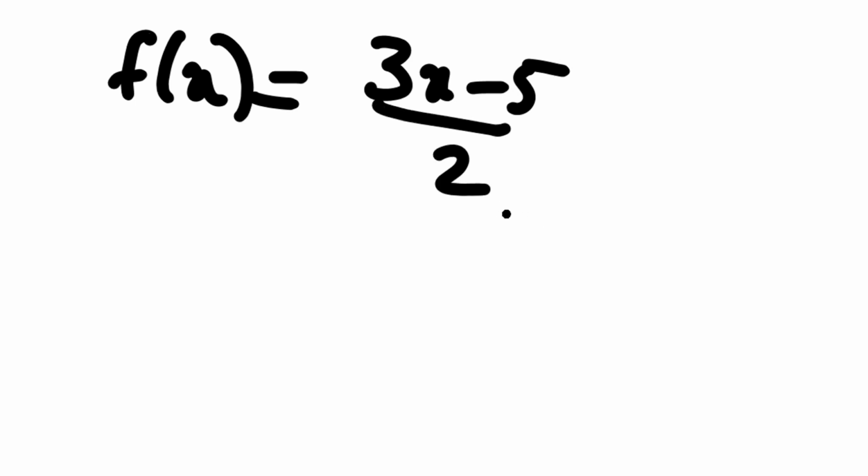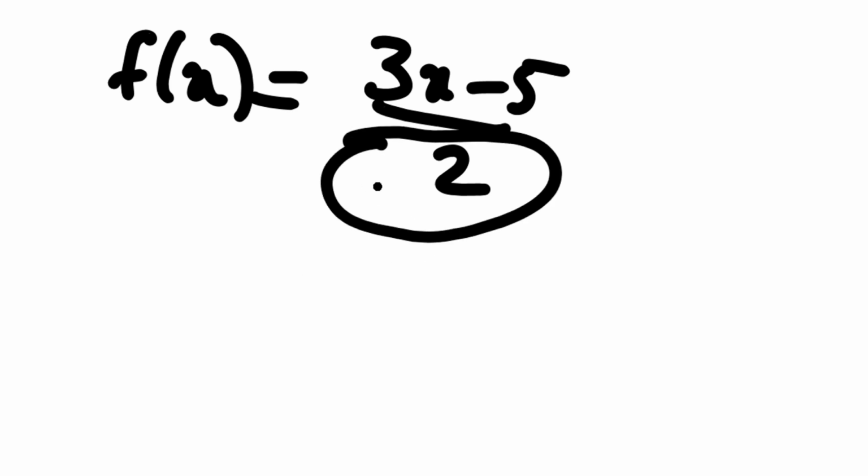You might be tempted to say this is a rational function, because there's a denominator and numerator part. But to be more specific, we need to make sure that the denominator is an expression in which the independent variable x is found.